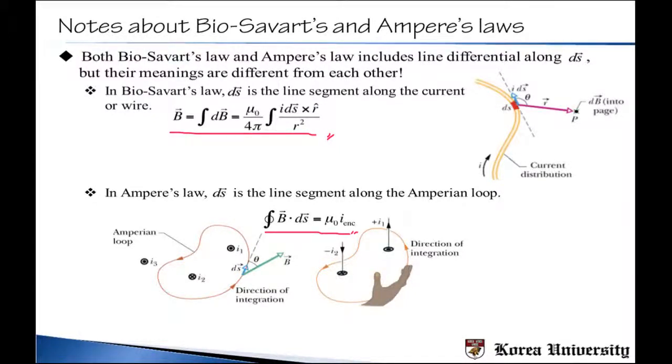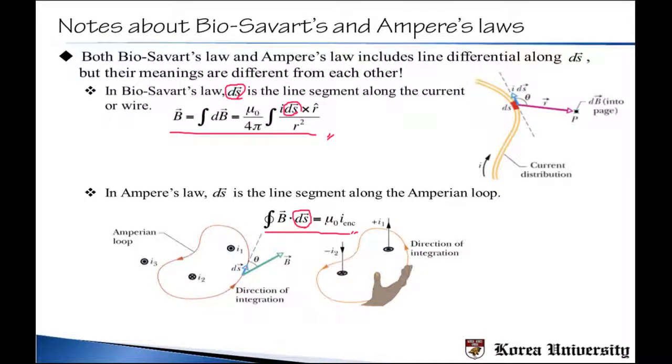Both of these laws or integrals include this ds factor. In the Biot-Savart law, ds is here, and in Ampere's law, ds is here. This ds factor is slightly different between these two laws. In both cases, the ds factor is a kind of length factor following a certain curve.